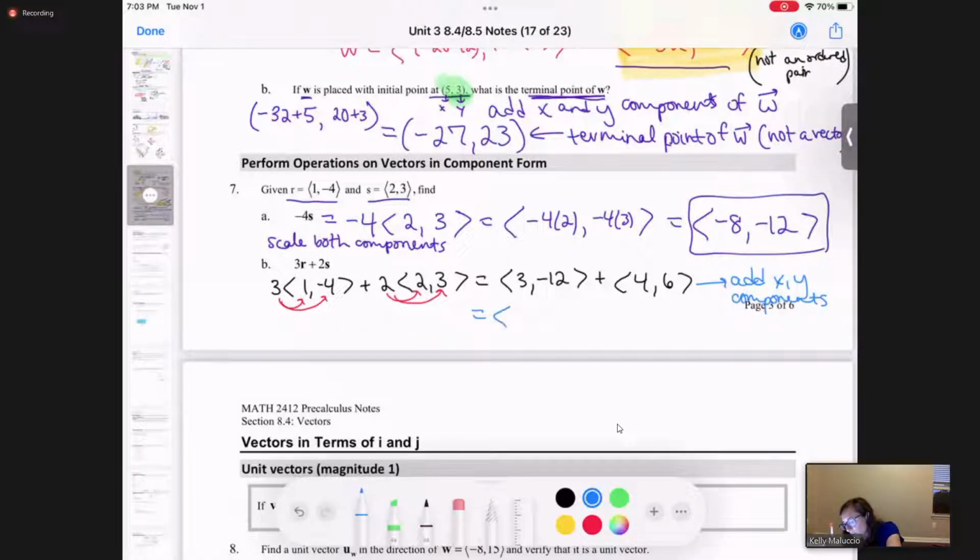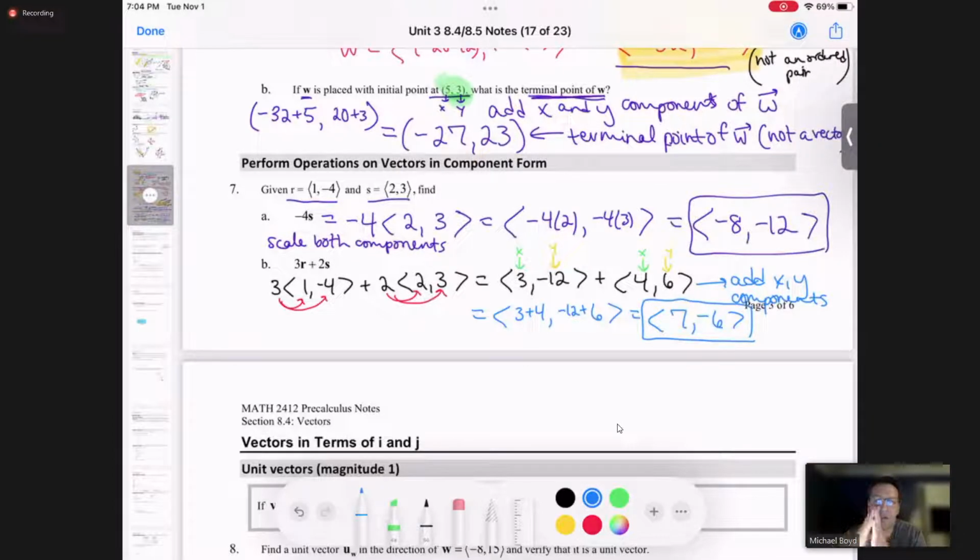Here, this is going to be 3 plus 4, so we're adding the X's, X and X. Then we have the Y's, Y and Y. So I get negative 12 plus 6. And this is going to come out to be 7, negative 6. And our answer is still a vector, but that's our new vector after we perform these operations.